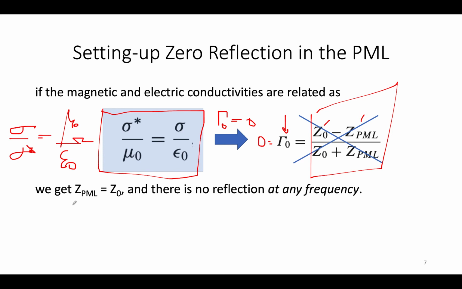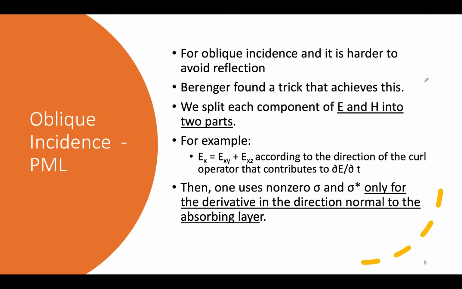So if you get the impedance of the PML equal to the free space impedance, there is no reflection at any frequency. This works nice and dandy for waves that are exiting transversally the boundary condition. For oblique incidence to the boundary condition, it is actually harder to avoid reflection.